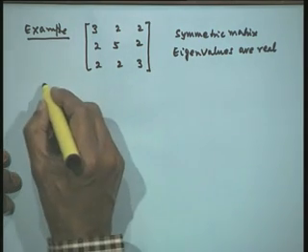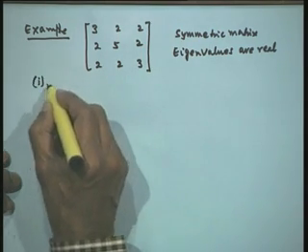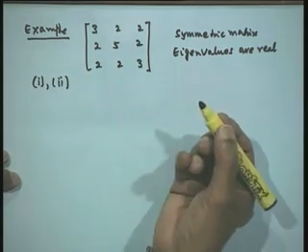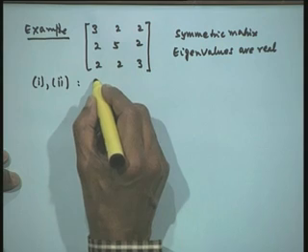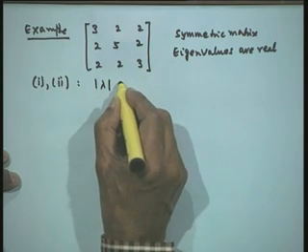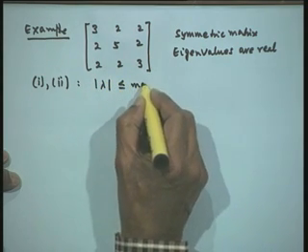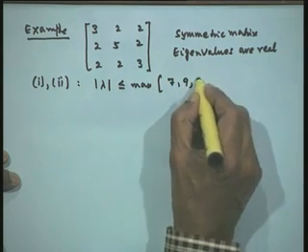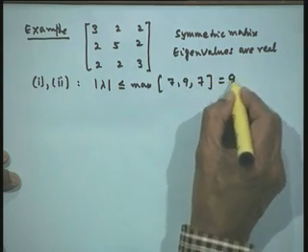Since it is symmetric, the bounds 1 and 2 will be the same, because the absolute column sum will be the same as the absolute row sum. Both of them would give you the same bound, that is magnitude of lambda is less than or equal to the maximum of 7, 9, 7, that is equal to 9.